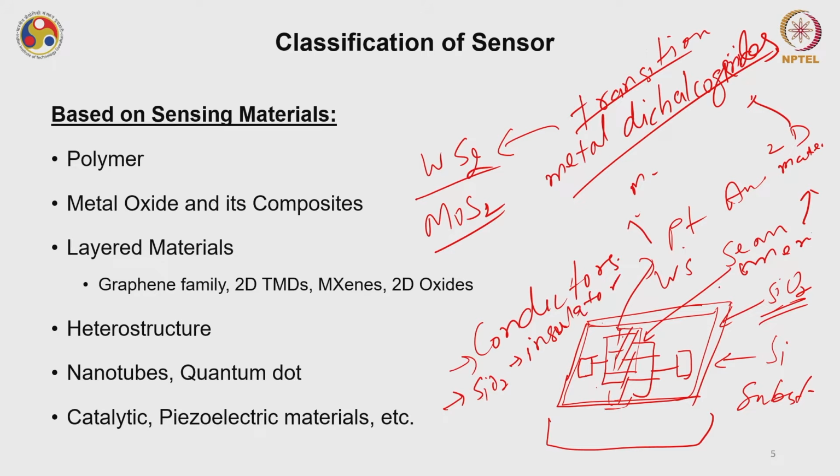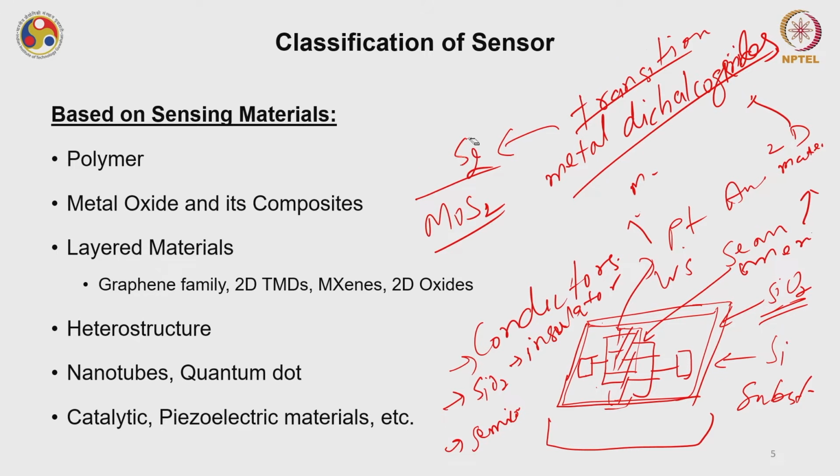And the sensing material, the receptor itself, is a semiconducting material, so I have a semiconductor. Typically I have all these types of material existing in a sensor.